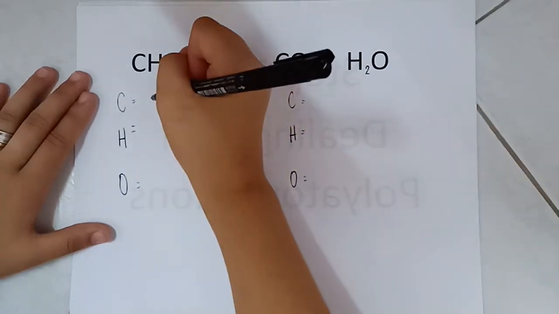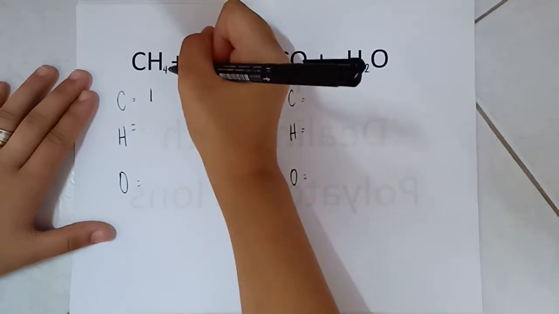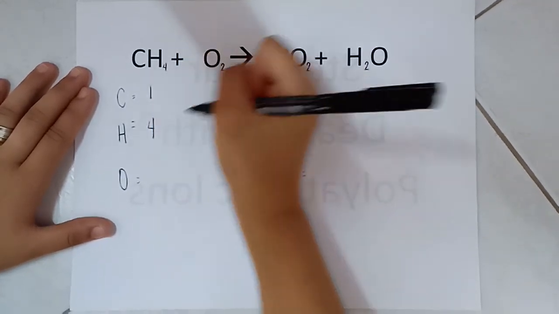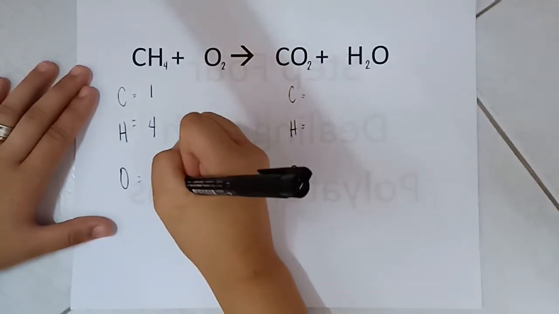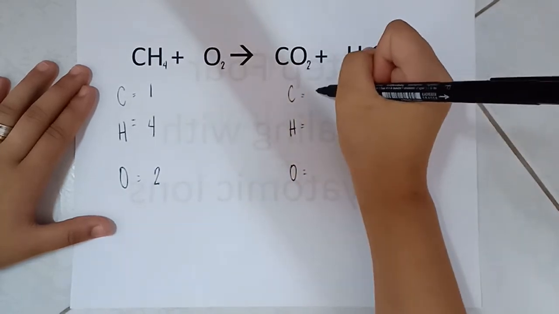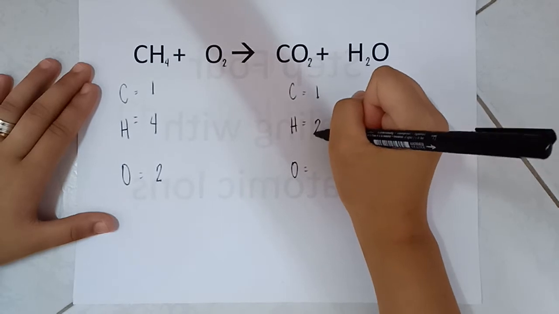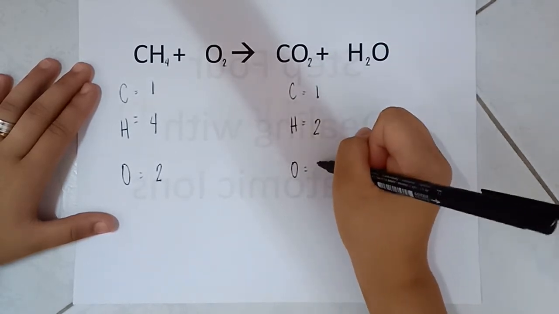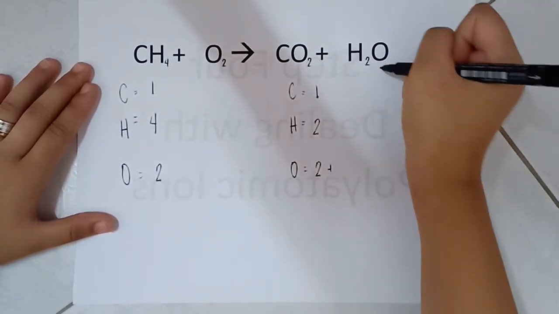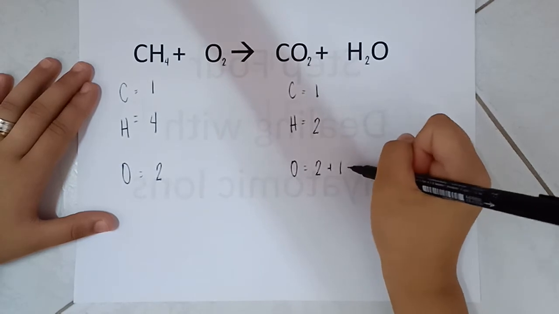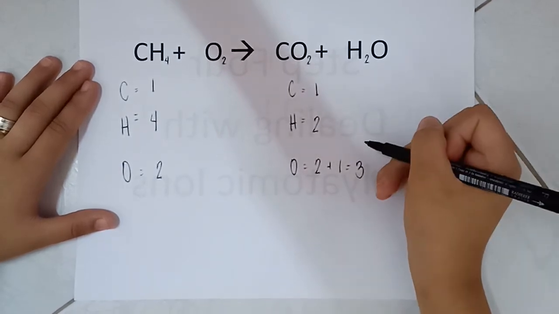Let's try some of the common problems that we have. So we have 1 carbon, 4 hydrogen, and 2 oxygen. Over here we have 1 carbon, and we have 2 oxygen. And then we have 2 hydrogen, but be careful that we have to count this oxygen over here as well. So we have 2 plus 1, that will give us 3. Let's start by balancing the hydrogen.